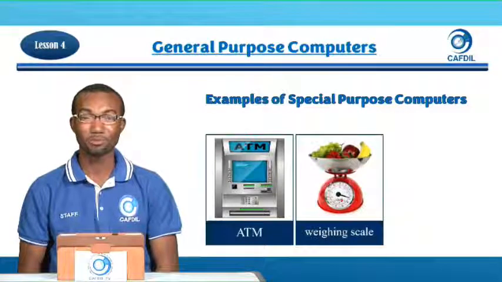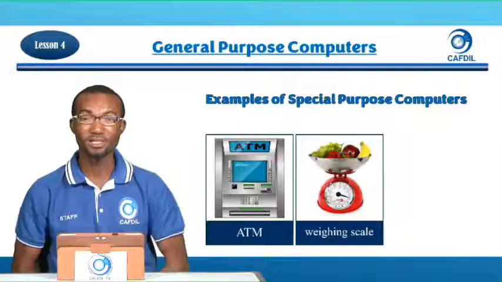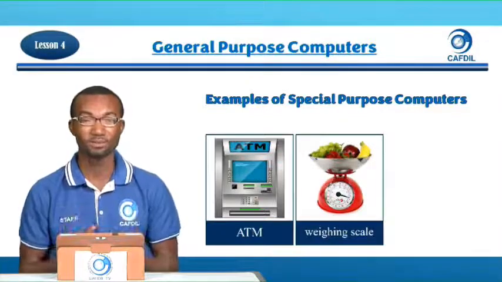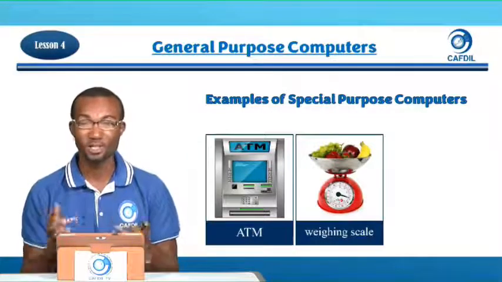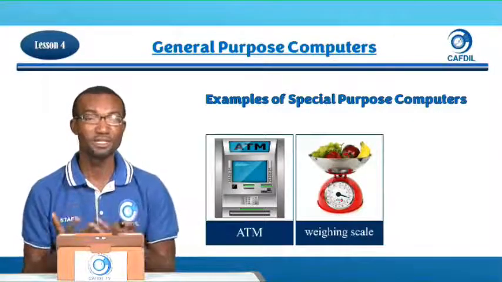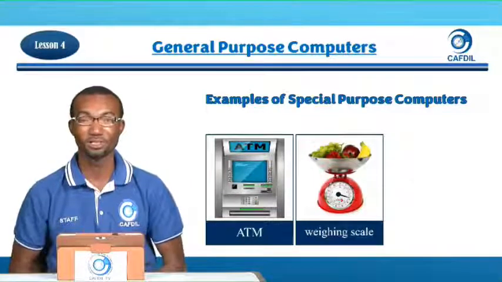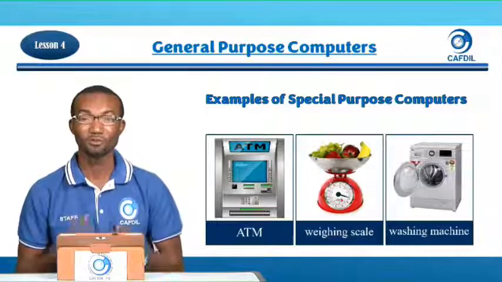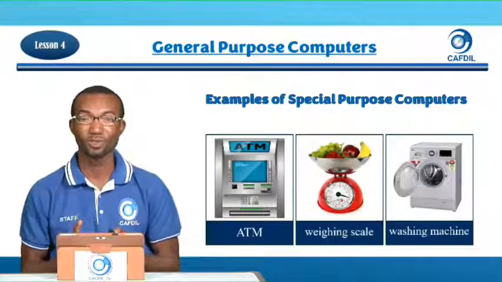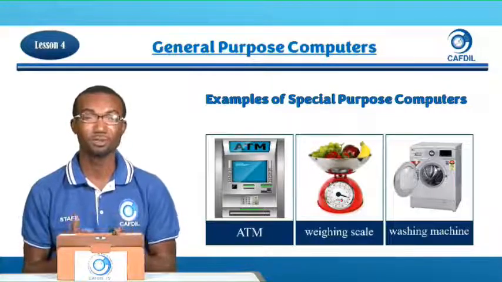The next example is a weighing scale. We use the weighing scale to check the weight of objects. Apart from checking the weight of objects, the weighing scale cannot be used for any other work. So the weighing scale also falls under special purpose computers. We also have the washing machine. We use the washing machine to wash our clothes.